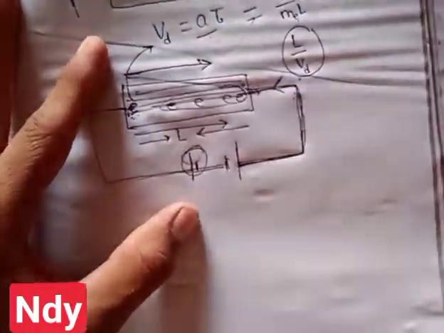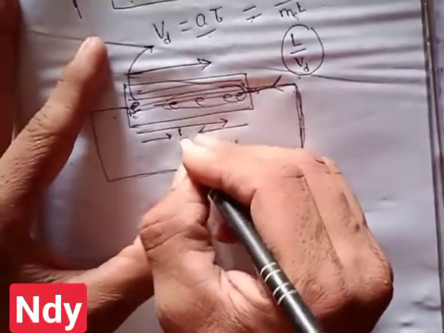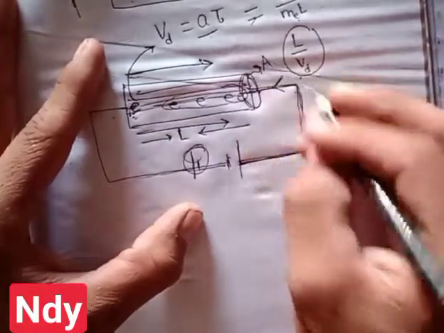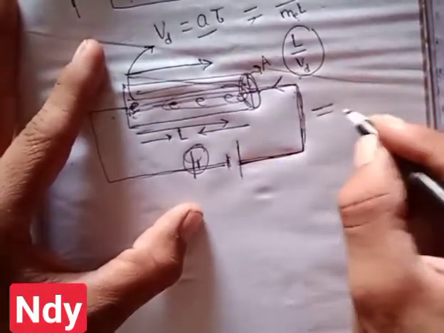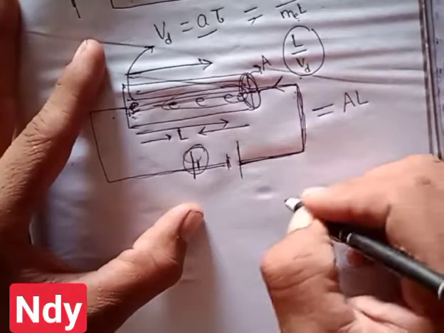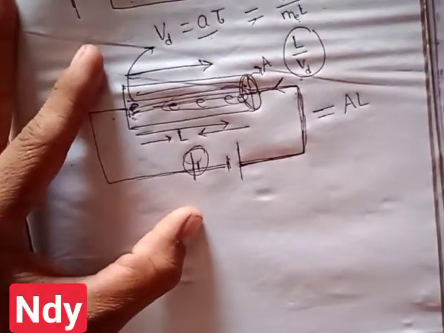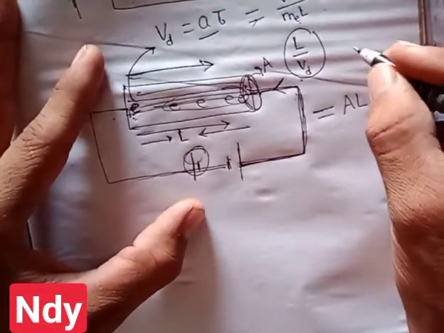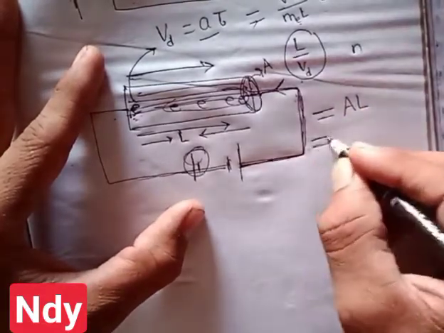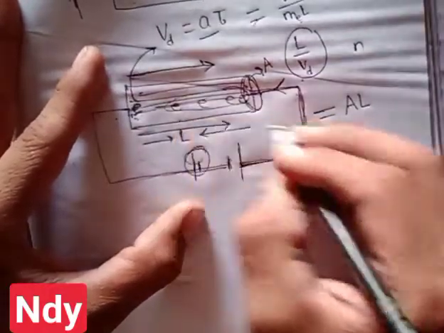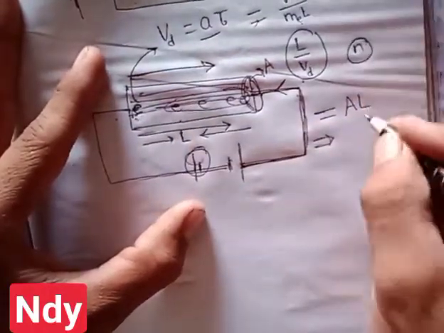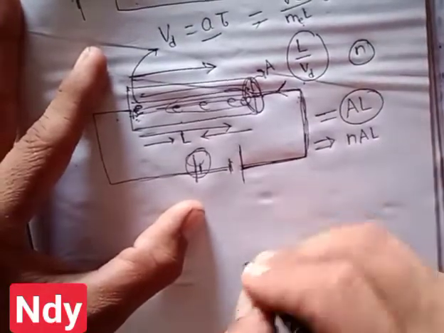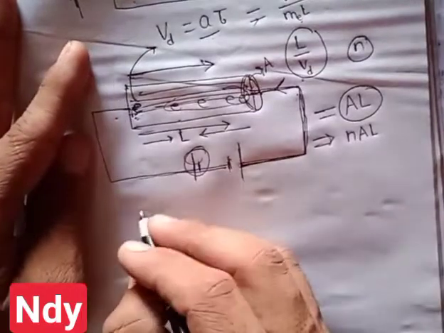If the length is L and the cross sectional area is A, the volume will be A times L. As considered earlier, the number of free electrons per unit volume is N. So the total number of free electrons in this volume will be N times the volume, which is NAL.